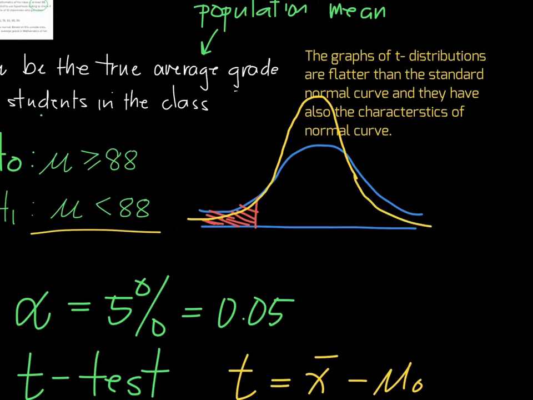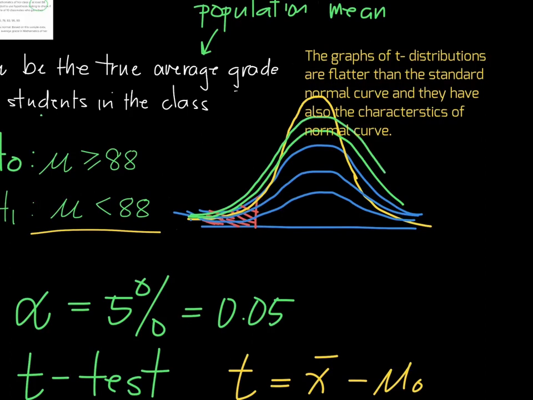T-distributions are flatter than the standard normal distribution, and the smaller the sample size we use, the flatter the graph will be. So it will go lower and then lower. But if we increase the sample size, then the curve will go higher. And if we continue to increase and make the sample size large enough, it will approximate the normal curve.